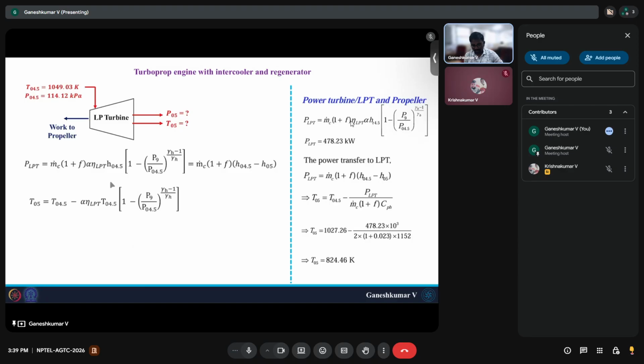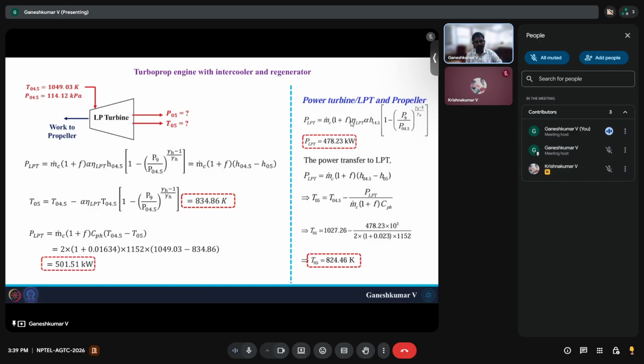Okay, so we can find the temperature. We already used it in the iterations. That is around 834.86 Kelvin, which is slightly higher than what we solved before. And the power available for the LP turbine is also 501.51 kilopascal. So this power is also slightly higher.